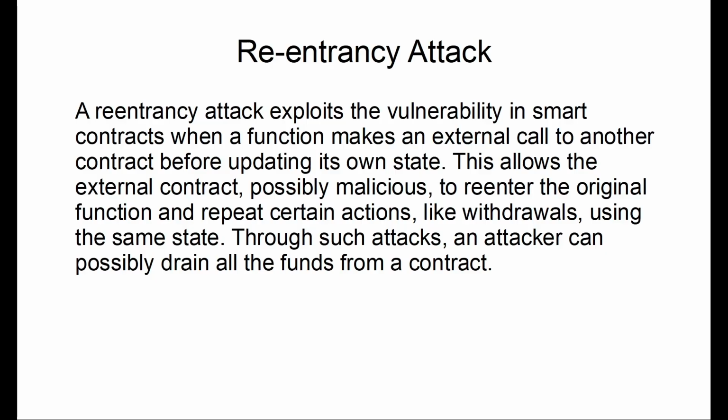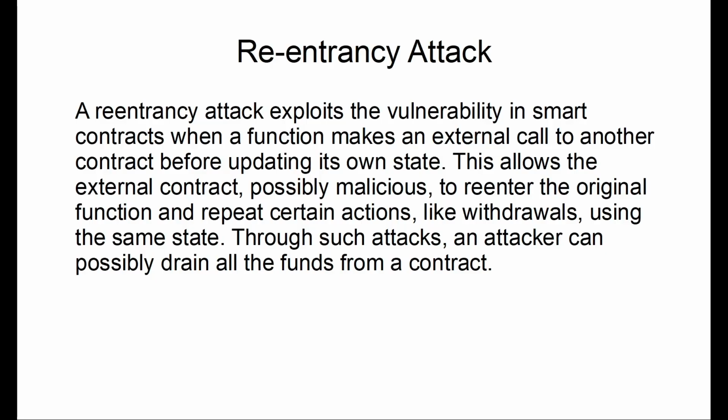And basically what it does is it allows someone who's maliciously acting to keep entering the function over and over and over to do something like withdraw funds from it before the state is changed. And this allows an attacker to possibly drain all the funds from a contract.